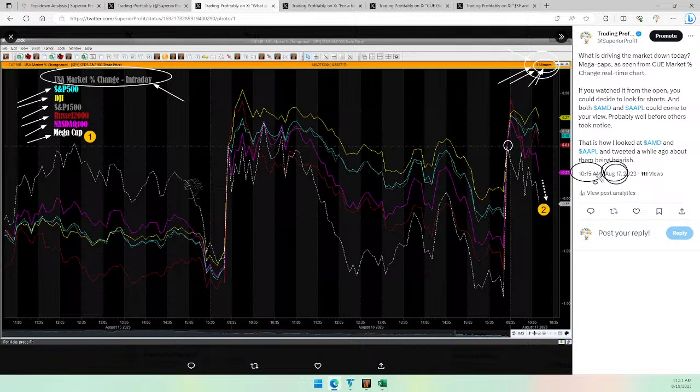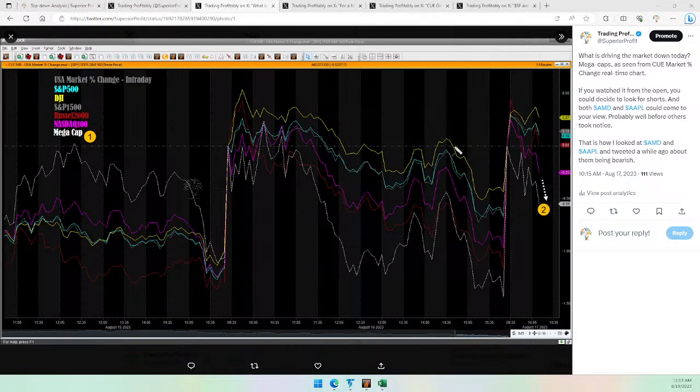So Thursday 10:15 a.m. I am looking at it. I'm looking at it from the beginning of the day, and I saw that the white line was the weakest. You can see that. This is the zero line.